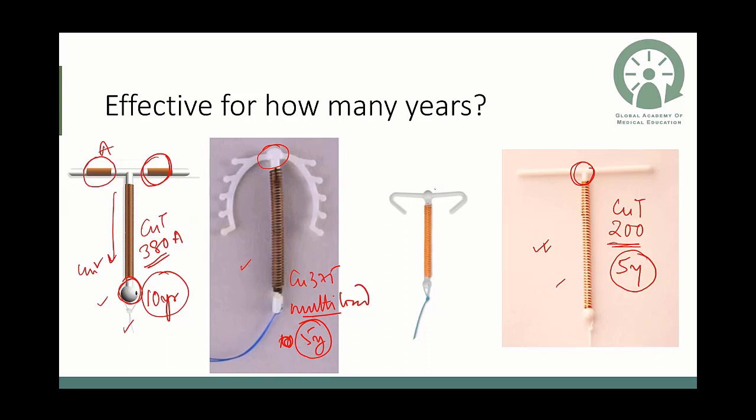So if you see something like this that has a perforation prevention bulge at the junction at the tail, and the sides are bent without any copper on the arms, this is the latest intrauterine copper device. It is known as the CU safe, right? CU safe. So this is new, that's why I wanted to show the image.